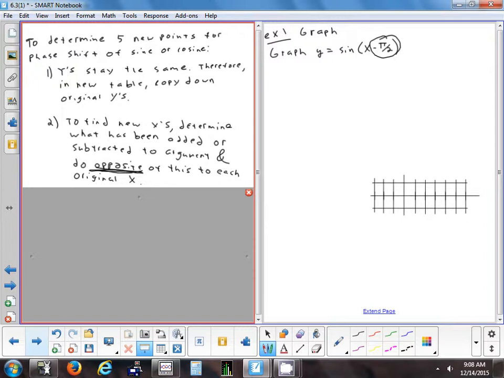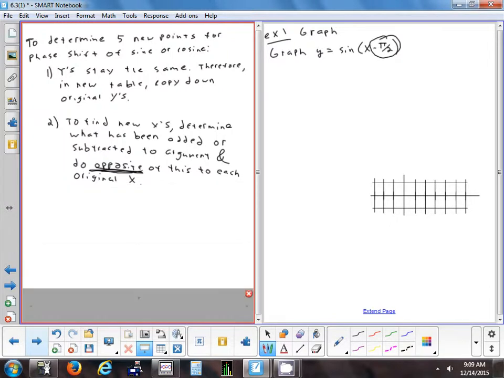You're going to do what? What would be the opposite? Add. Right? So you're going to add pi over 2 to all your x values, and that will shift them to the right. And that's just something you have to remember. Okay, phase shift, it's the opposite of what you would expect.